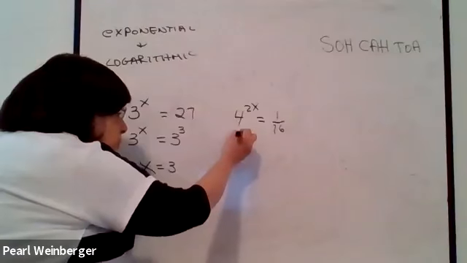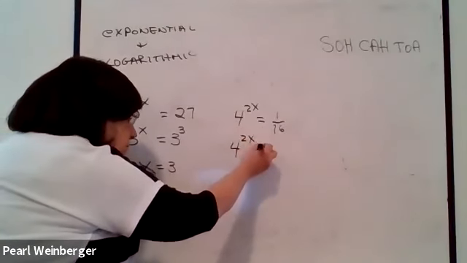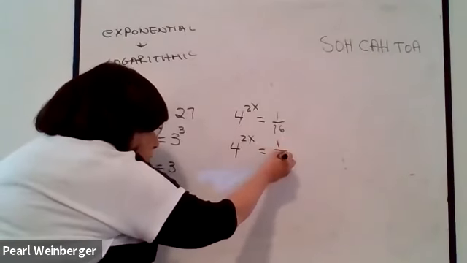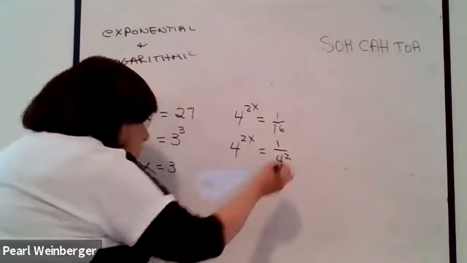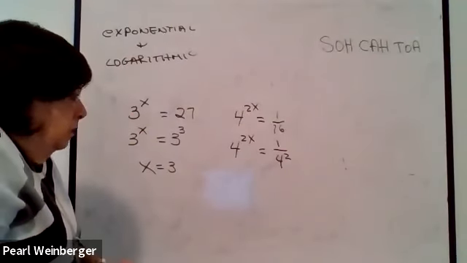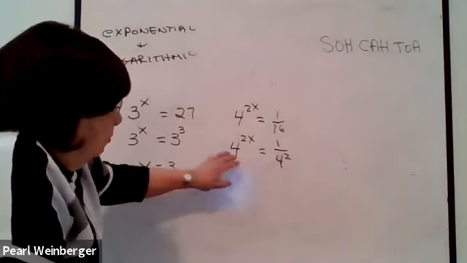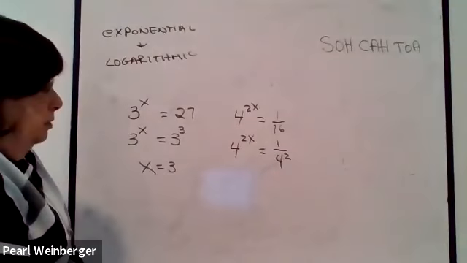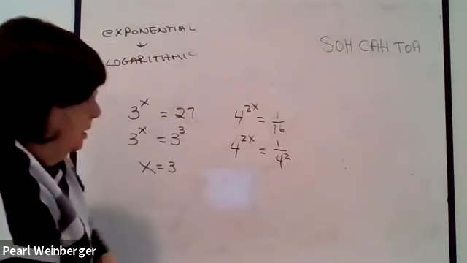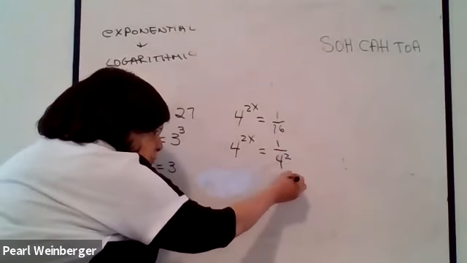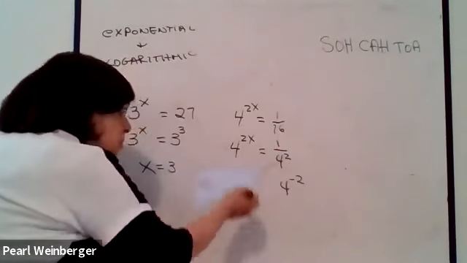So I'm leaving this 4 to the 2x. And I know 16 can be written as 4 squared. I want these both to be on level ground. I don't want something in a denominator, but I know 1 over 4 squared is the same as 4 to the negative 2.